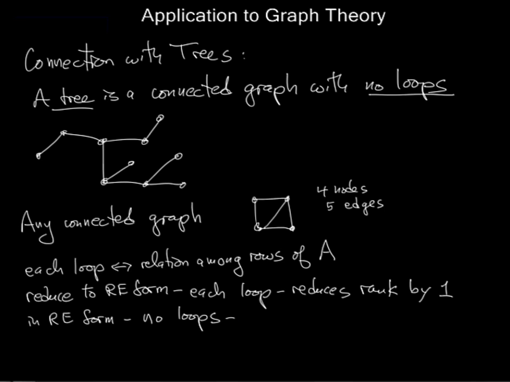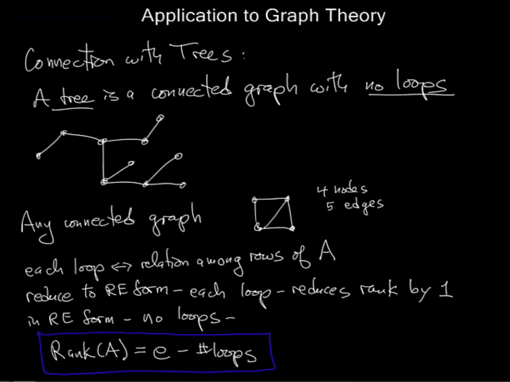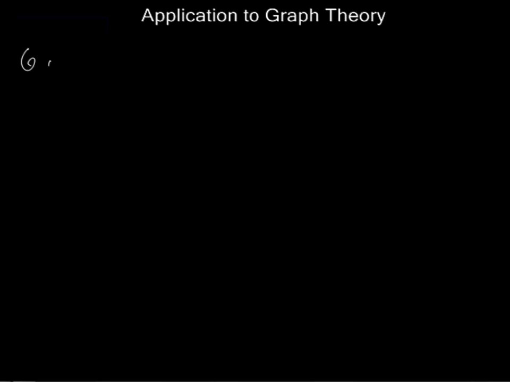What that corresponds to is you have a tree, a connected tree that still touches every node of the graph, so this is what's called a spanning tree. And what we conclude is that the rank of the incidence matrix is E, the number of edges, minus the number of loops: you lose one for every loop.